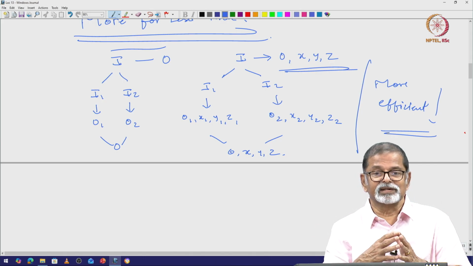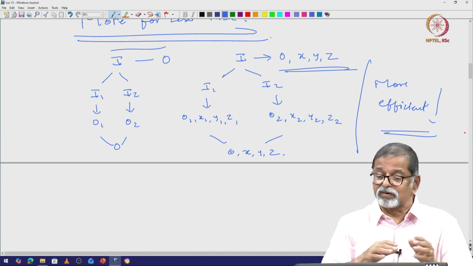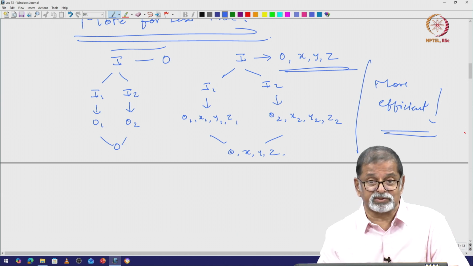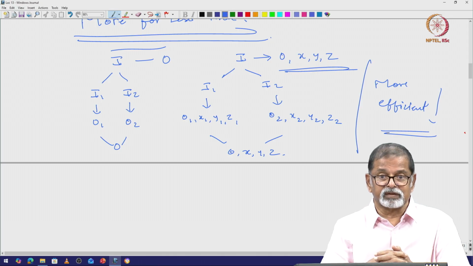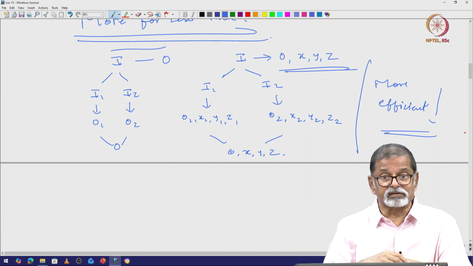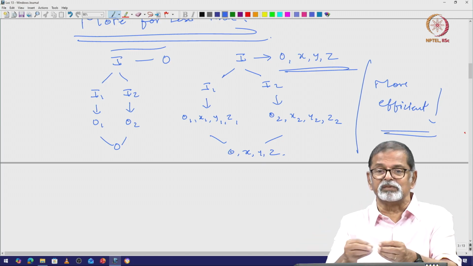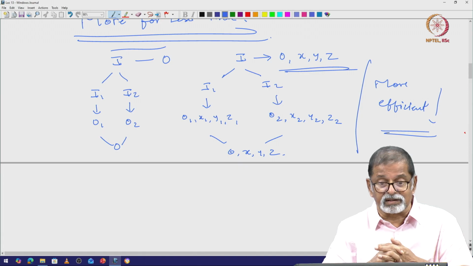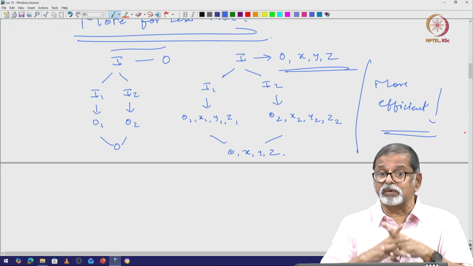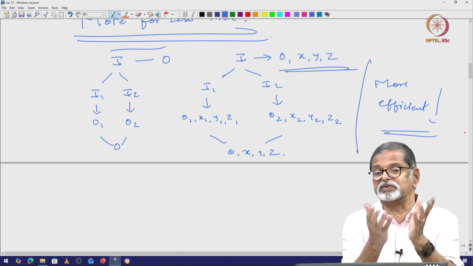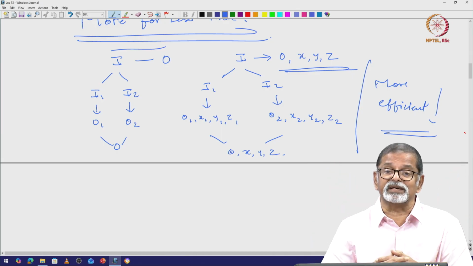That is because of the interdependency between X, Y, Z and O. Computing the 4 values, because they mutually help, from the 8 values, because you have more information, it is very easy to manipulate them and then get this, rather than using only O1 and O2 and generate O. O1 and O2 may not have sufficient information, so you have to work a lot more in the combining phase.